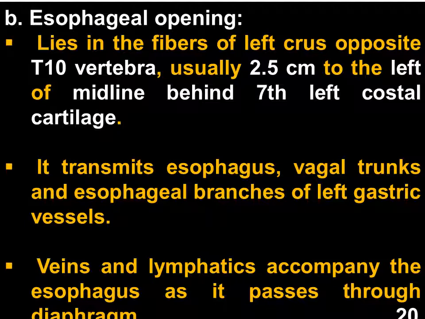What are the structures that pass through it? Esophagus, vagus trunk, right to left, esophageal branches of left gastric vessels. The left gastric يعطينا esophageal branch، هو left gastric هو واحد من 3 divisions of celiac trunk.